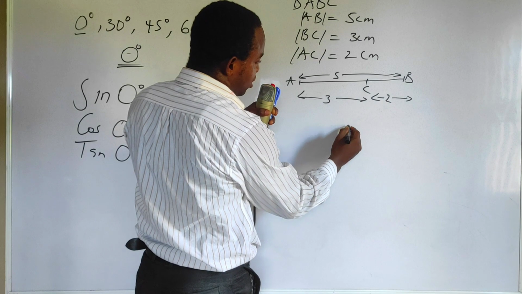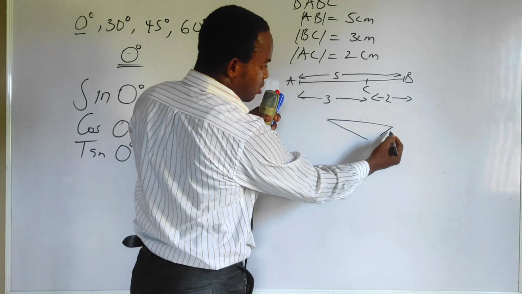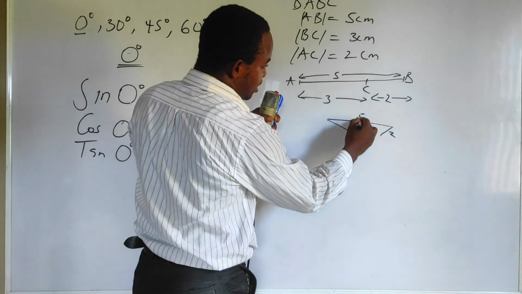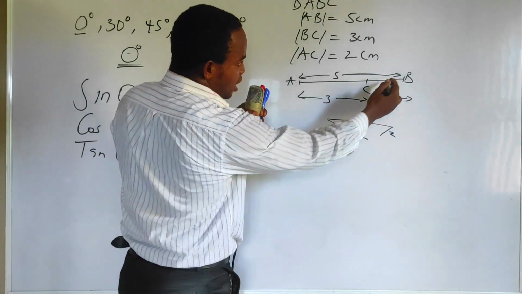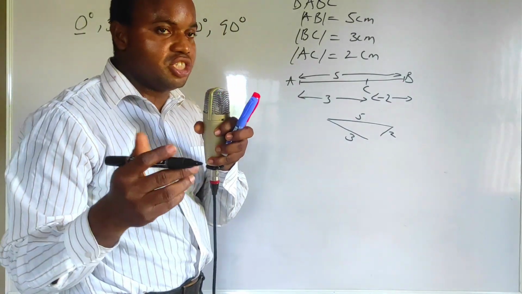This would have been a triangle, but the other two lines are not long enough to reach, because this is 2, this is 3, and this is 5, so they do not meet. Literally, this kind of triangle is a line, and it is called a degenerate triangle.